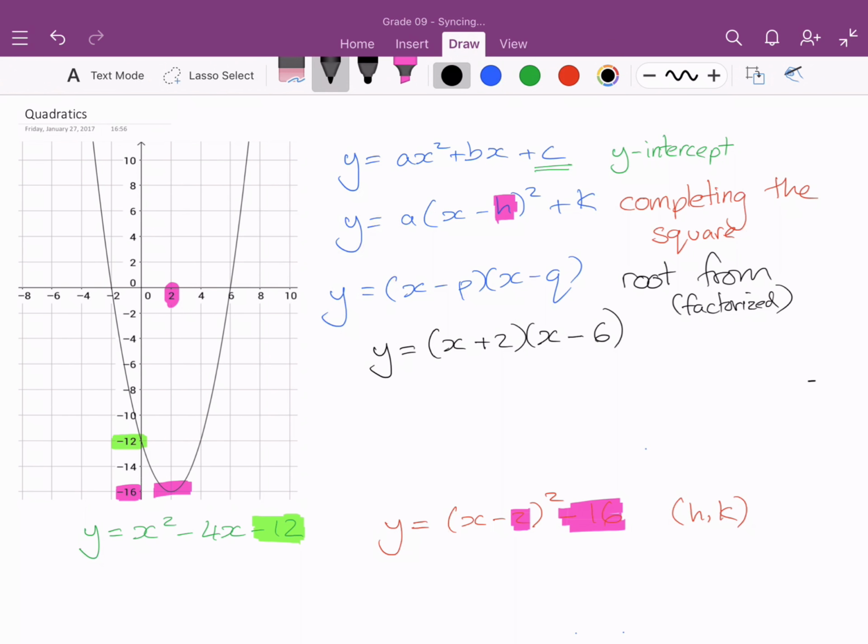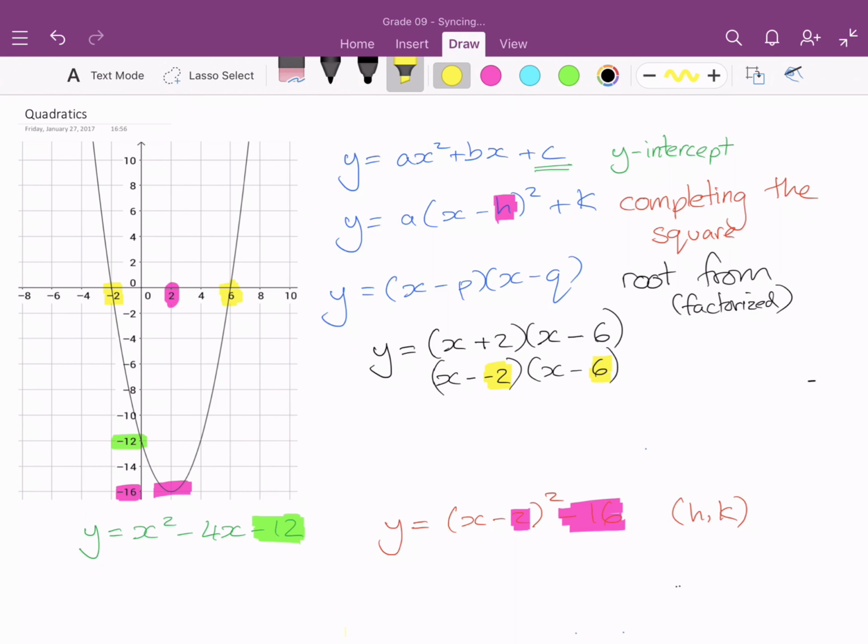What we notice here is we could actually rewrite this as x minus minus 2, because remember, two negatives together make a plus, and our x minus 6. What this means is we are looking for a negative 2 on the x-axis and a positive 6. And if we go across here, we can see the graph cuts nicely at negative 2 and at 6.